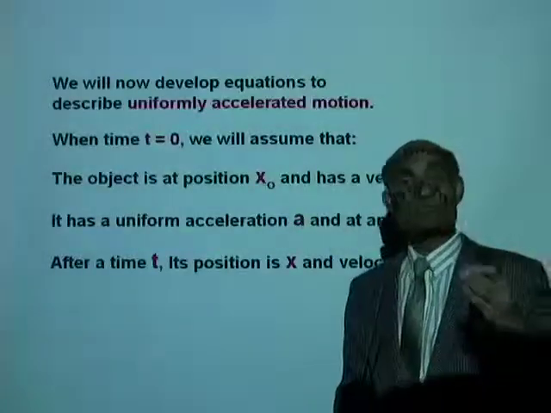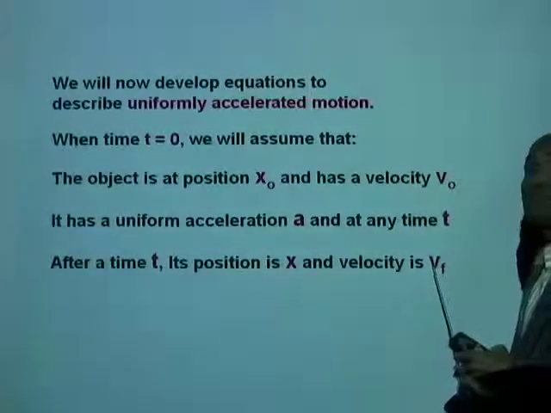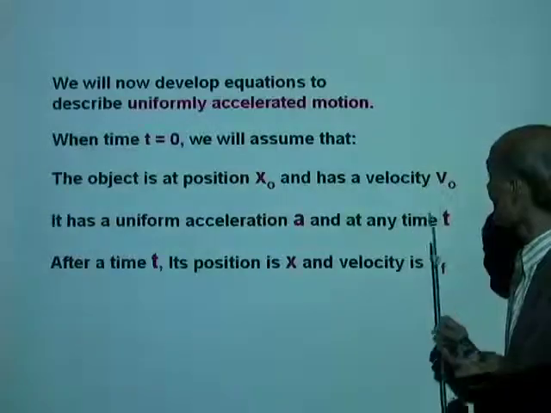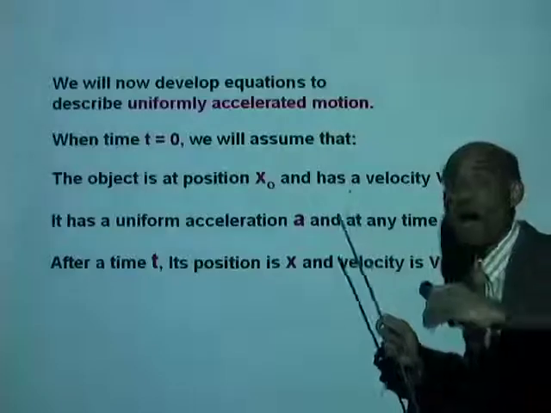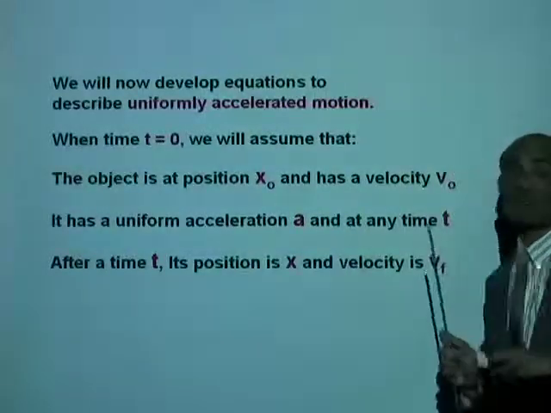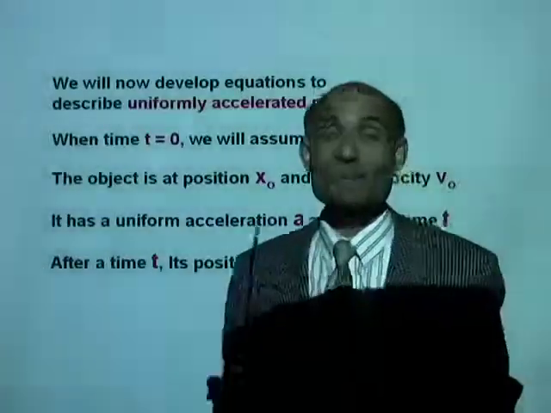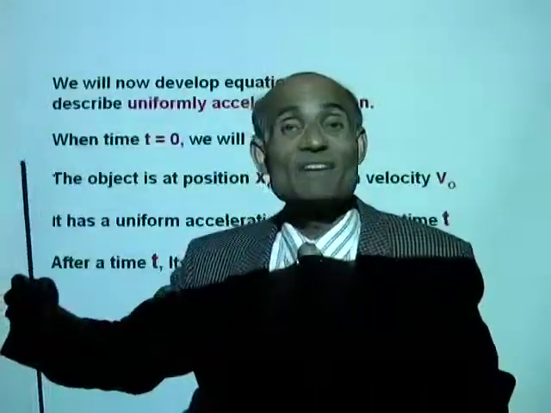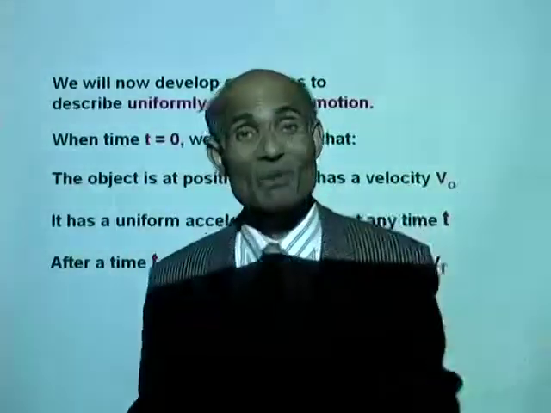X represents the position at any given time, and its velocity is v sub f, final velocity. You see that? As I told you, very often I will use v sub I for v0, initial velocity. And I have also a habit. In place of v sub f, I will simply use v. V is the velocity at any given time, the final velocity.